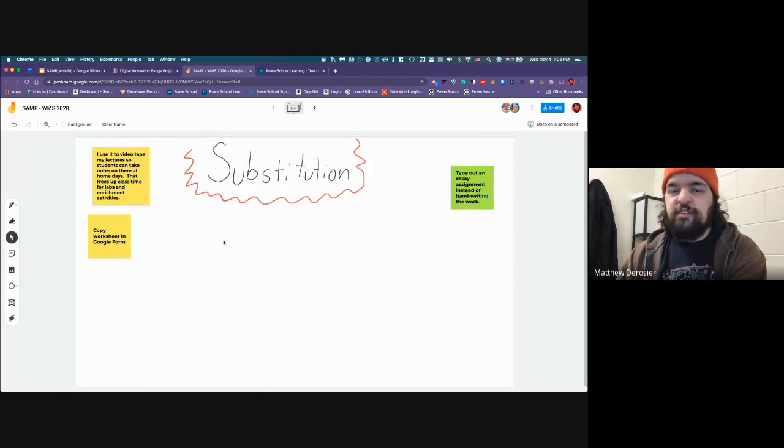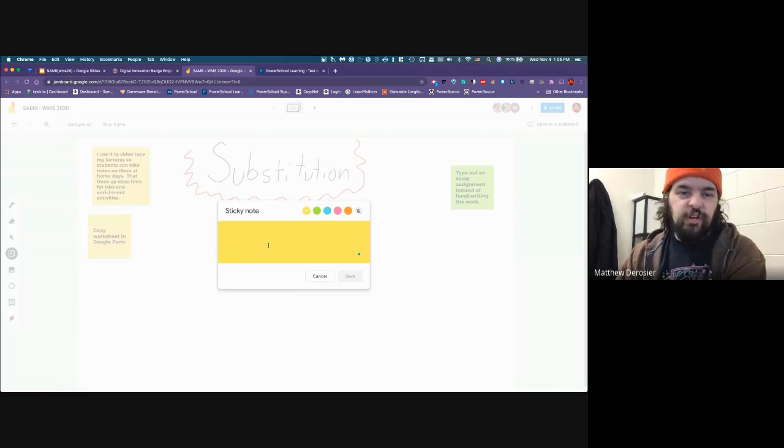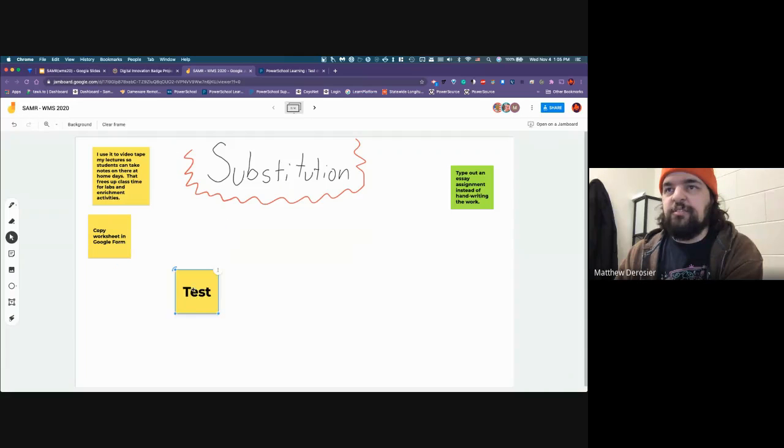Now, what I've been asking all of my groups today to think about doing is, over on the left side, there is a sticky note tool. And if you click on that, you can write in a sticky note and paste that somewhere on the board. And once we have that, we can move it around.